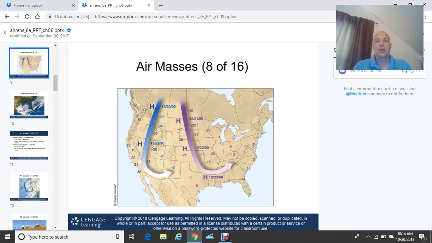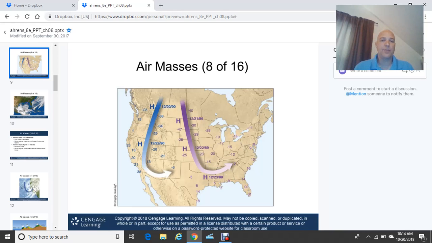Also negative 20 at St. Louis, negative 12 in Chicago, negative 12 at Louisville, and all the way down to 9 degrees above zero at Washington, D.C. in 1989. And even in Florida, 9 degrees above zero in Pensacola in December 1989 with this outbreak of Arctic air. So it definitely was a much colder feel right before the Christmas time period that year.